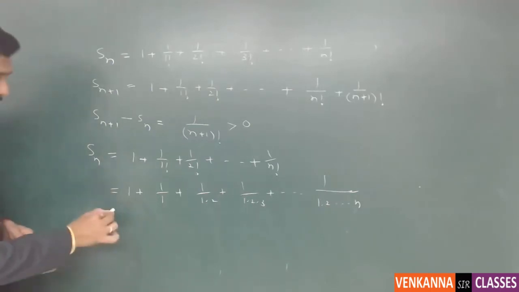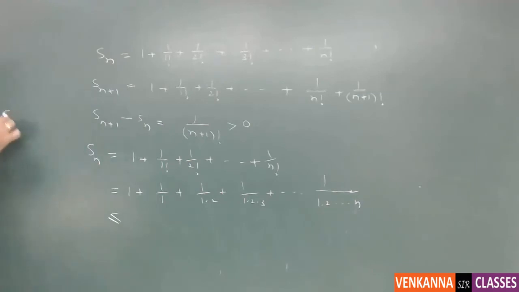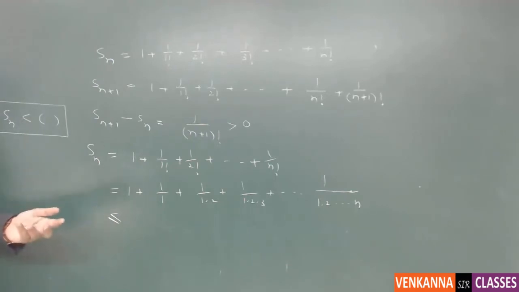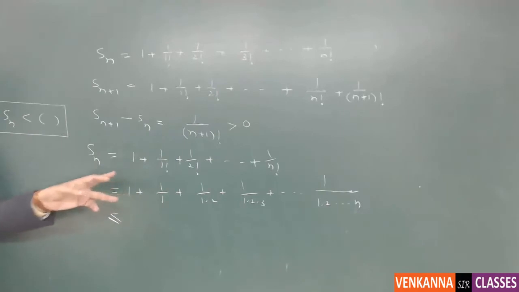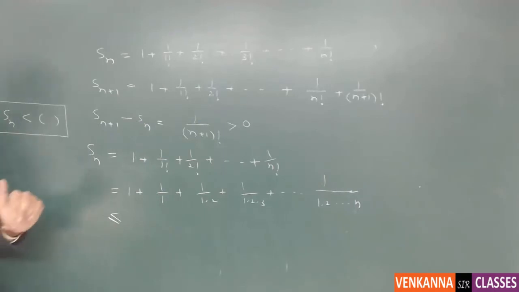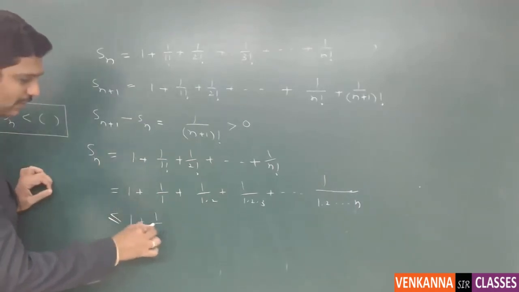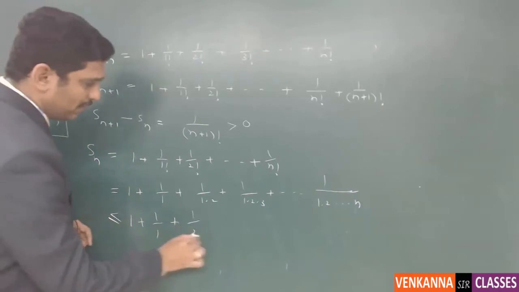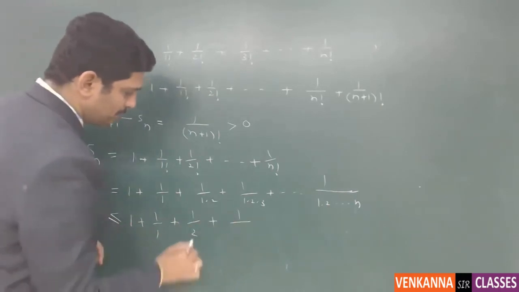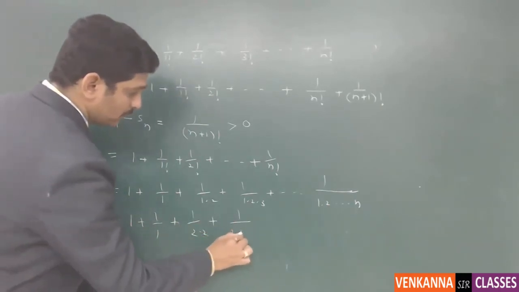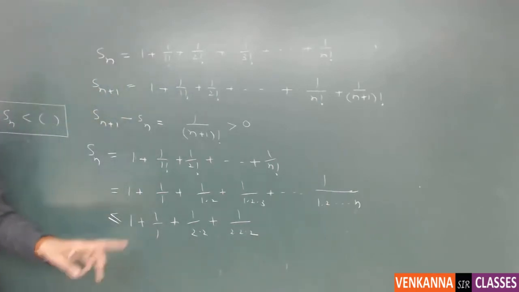Now, I want to say Sn is less than something. This is my task actually. So I should go with my own arrangement so that using this relation, I am going to specify Sn is less than or equal to something. So here I want to say that this will be 1 plus 1 by 1 plus 1 by 2 plus 1 by... Can I write like this?